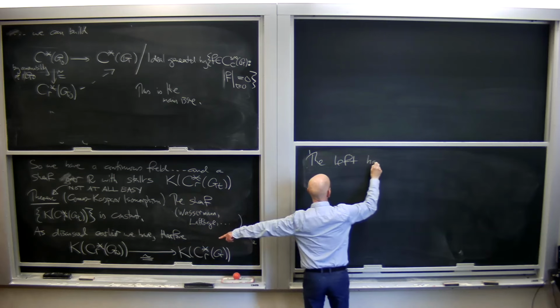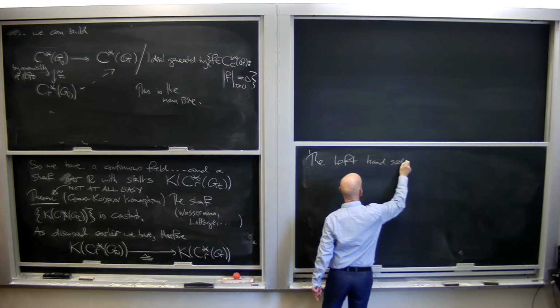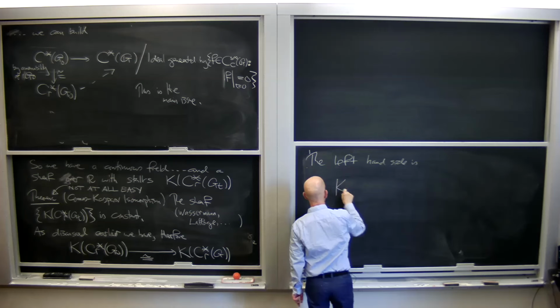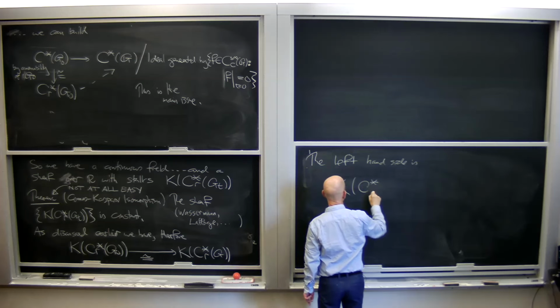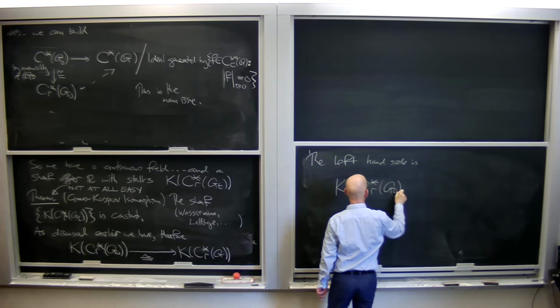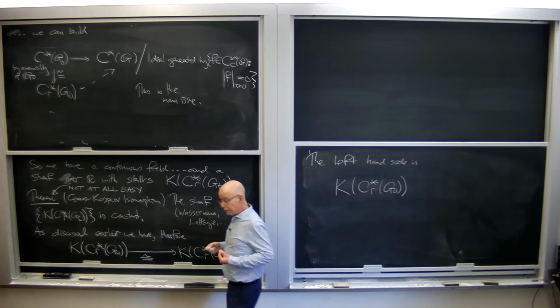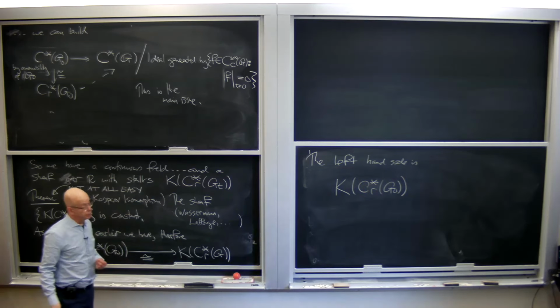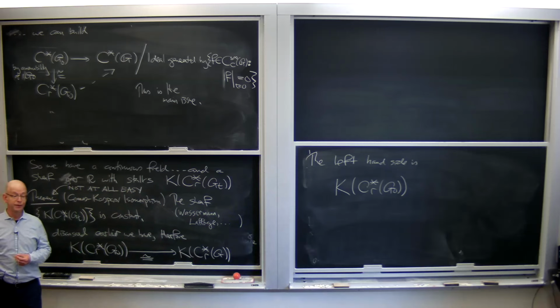The left-hand side here is the K-theory of the C-star algebra of G0. Remember, we had an explicit picture of what the K-theory of the C-star algebra of G0 is.